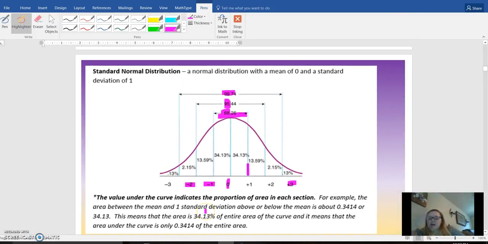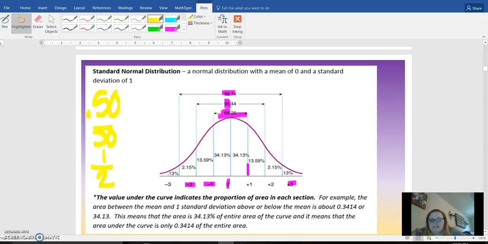All right, so we talk about how the area under this curve is 100%, or the area under the curve is 1. Remember, flipping a coin, the probability that it's going to land on heads is 50%, or 0.5, or 1/2.